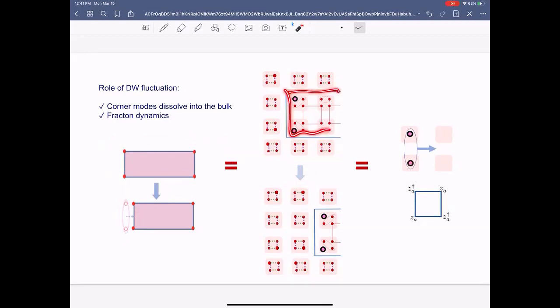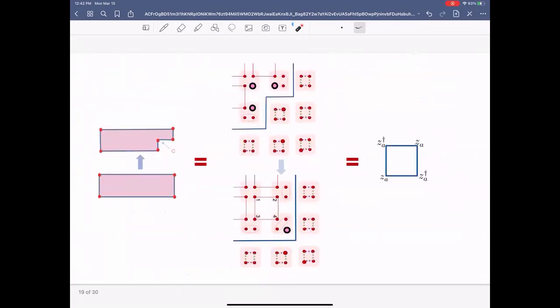Once the domain wall slightly shrinks to the right, it transports a pair of spinons, which are the two corner modes, in the transverse direction. And on the lattice model, such a pair of spinons transported along the transverse direction is something like a ring exchange term. Another typical domain wall fluctuating pattern is, previously we have something like a rectangle domain wall, and the domain wall can shrink a little bit somewhere.